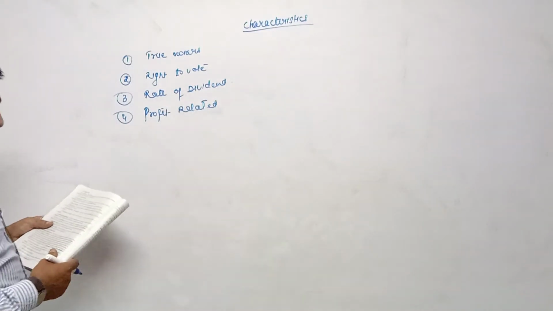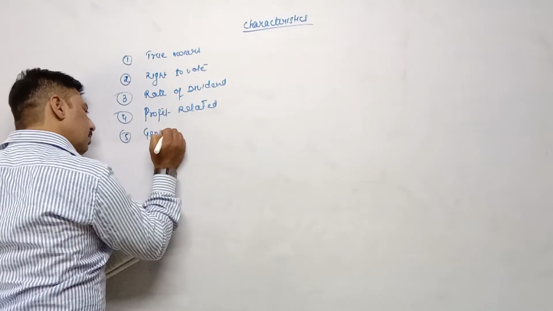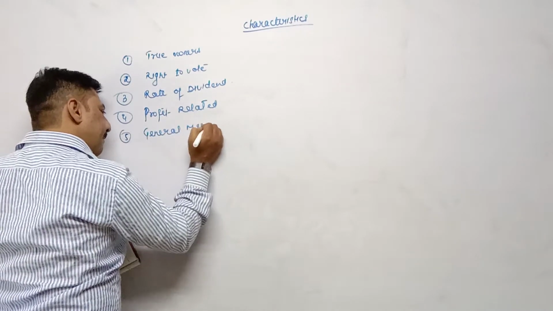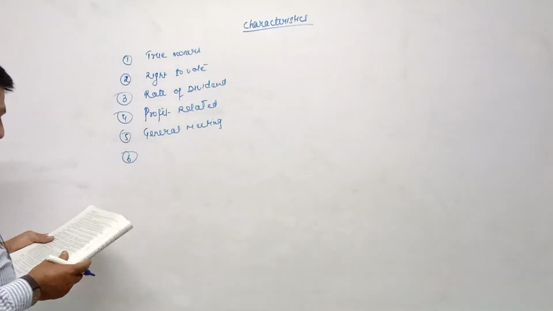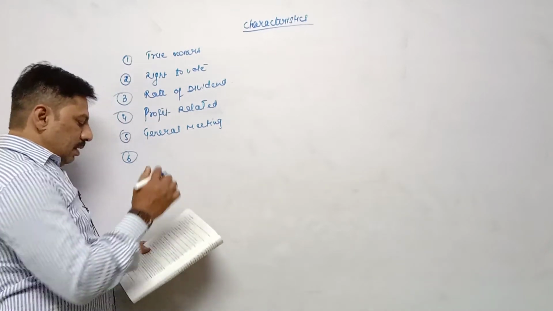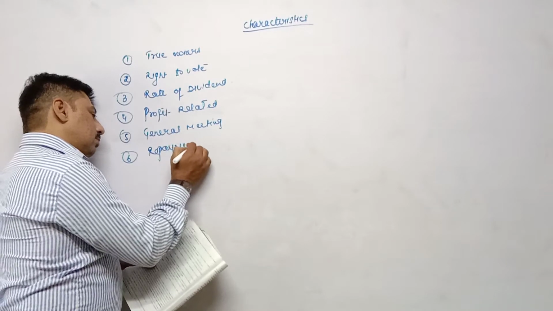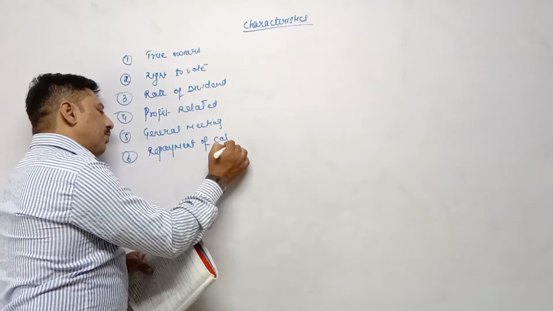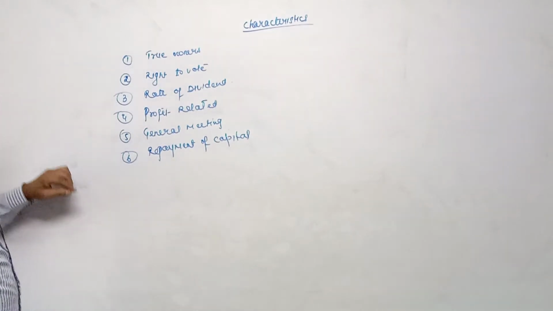Fifth one is general meeting. And sixth, last one is repayment of capital. So any 6 points of your own choice you can take for explanation.